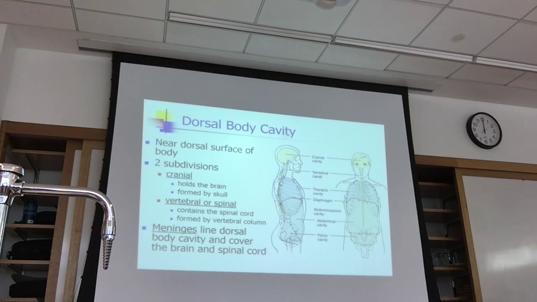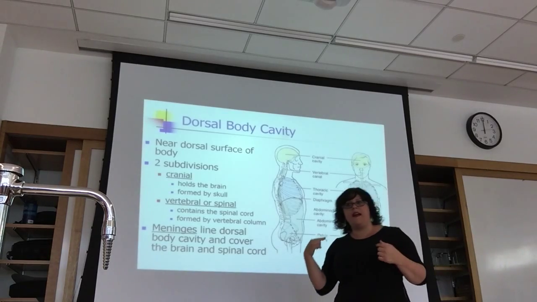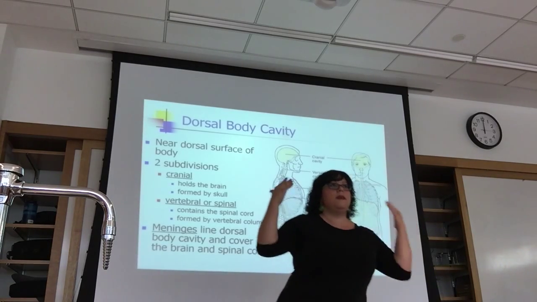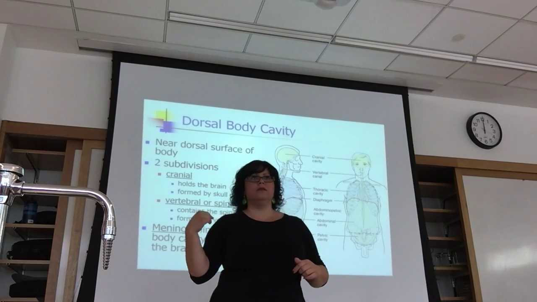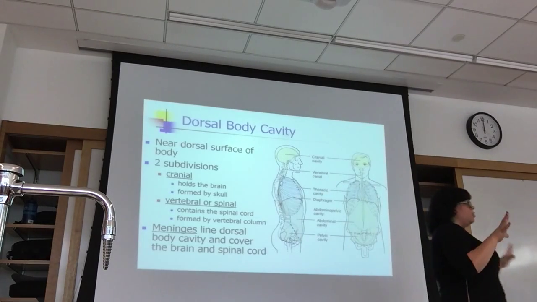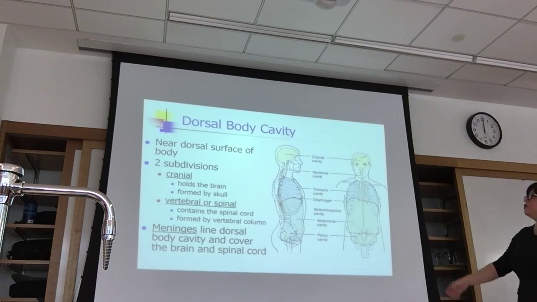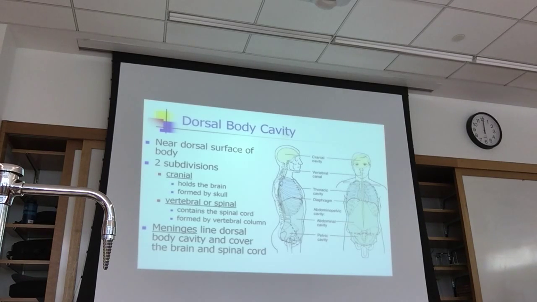So dorsal body cavity is towards the back of the body, and the dorsal body cavity includes major organs in the back, the brain and the spinal cord. And we can divide the dorsal body cavity into two subdivisions. The cranial, which you can see highlighted here in yellow, cranial body cavity. What's in the cranial body cavity?